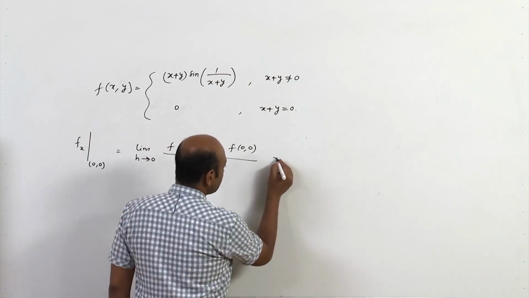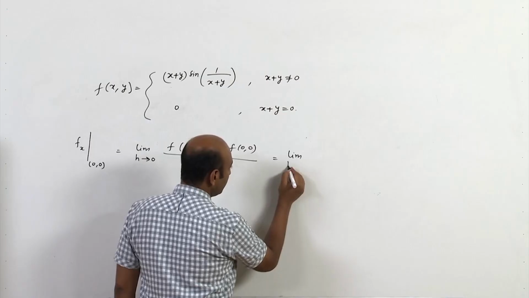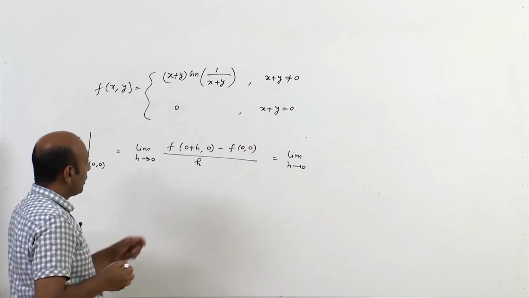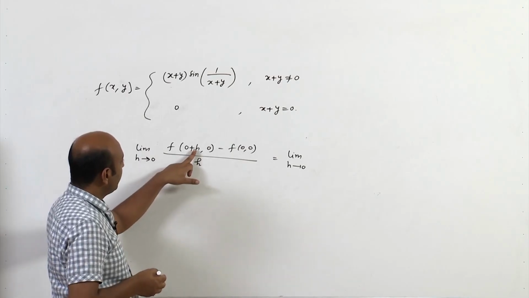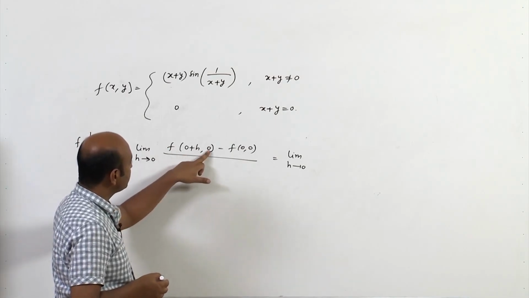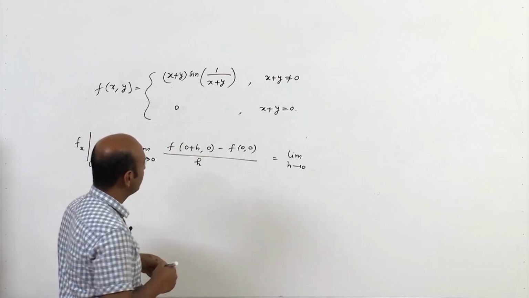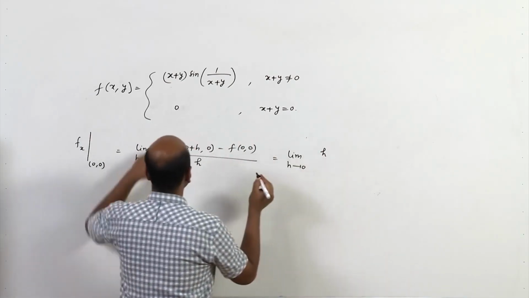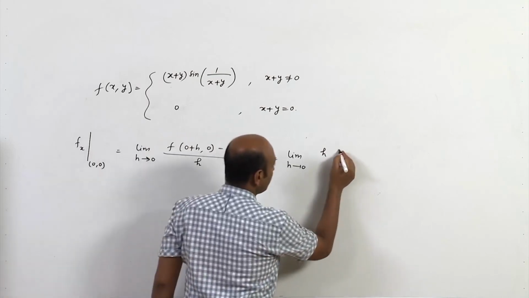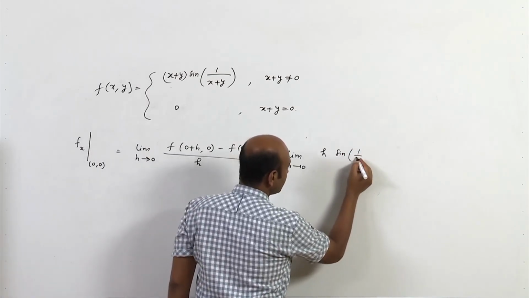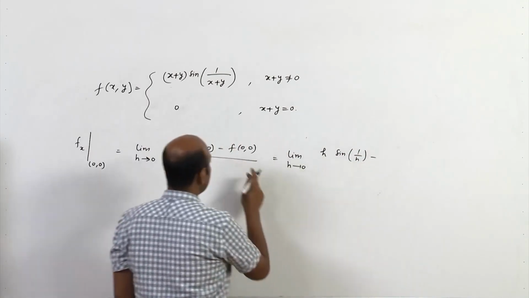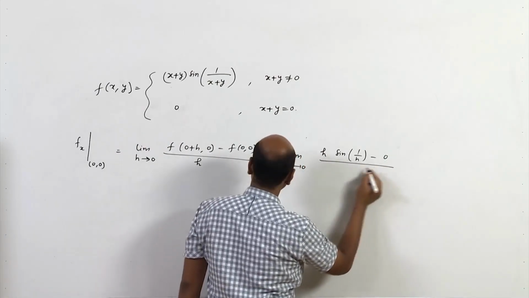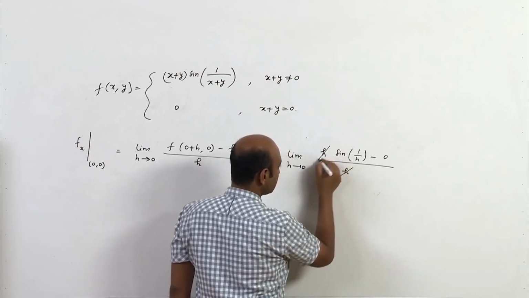Now, f at (h,0) is h plus 0, that is h, into sine 1 upon h, minus f(0,0), which is 0, upon h. The h cancels out.